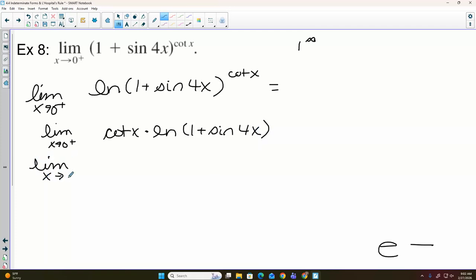But currently, it's like the multiplication problems from yesterday. How did we take a multiplication problem and write it as a division problem? We put the reciprocal of one on the bottom, right? You don't want to try to do the reciprocal of a log. Always leave the log on top. But if I want to move cotangent to the bottom, the reciprocal of cotangent is tangent.